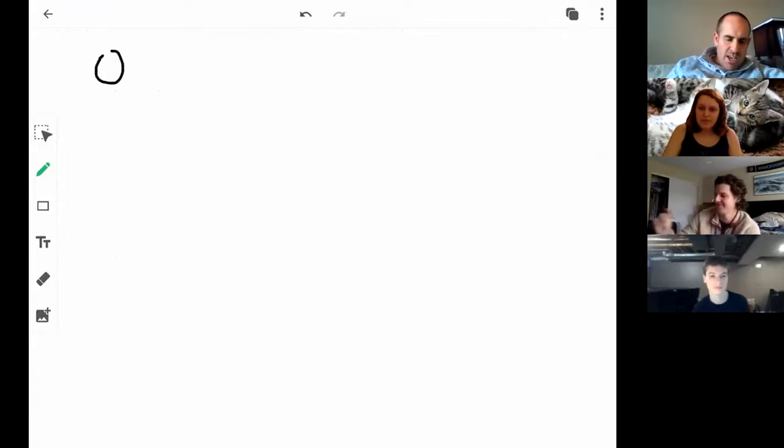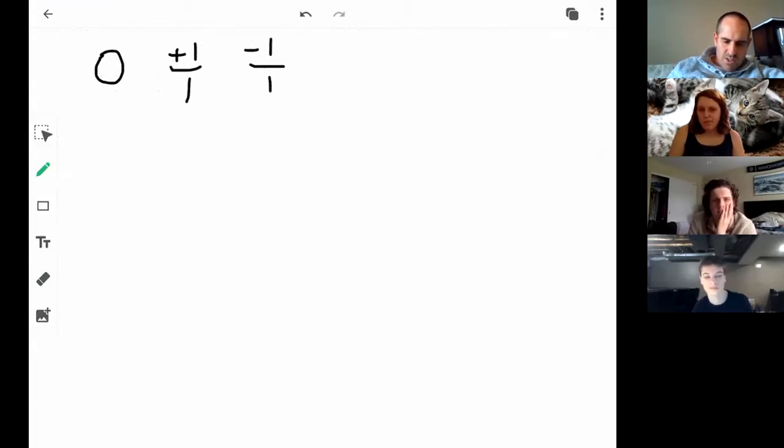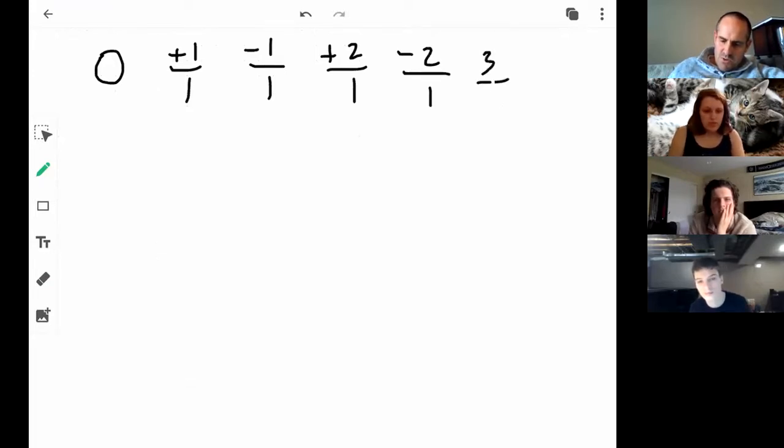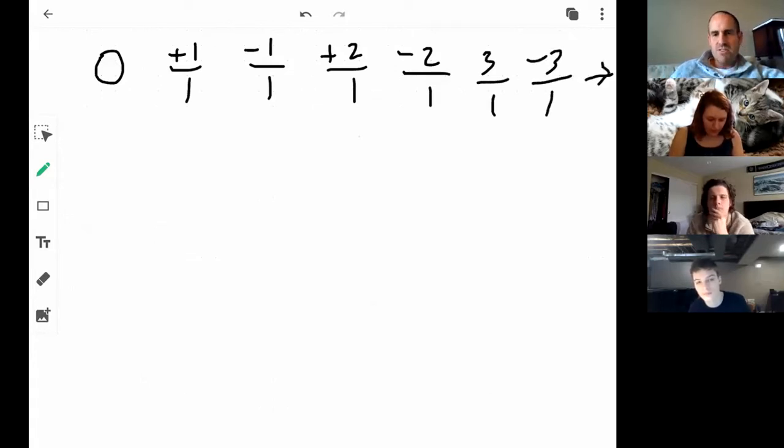But then, what about all the ones that have 1 in the denominator? Well, there's plus 1 over 1, minus 1 over 1, plus 2 over 1, minus 2 over 1, 3 over 1 and minus 3 over 1. And then I just keep writing this row on forever.